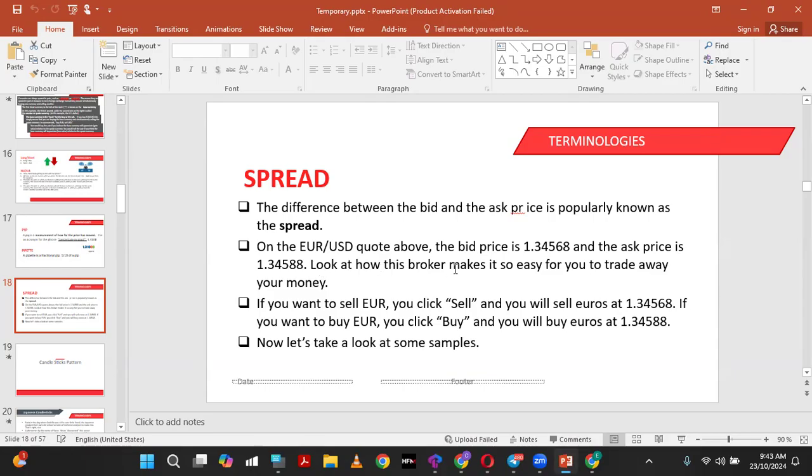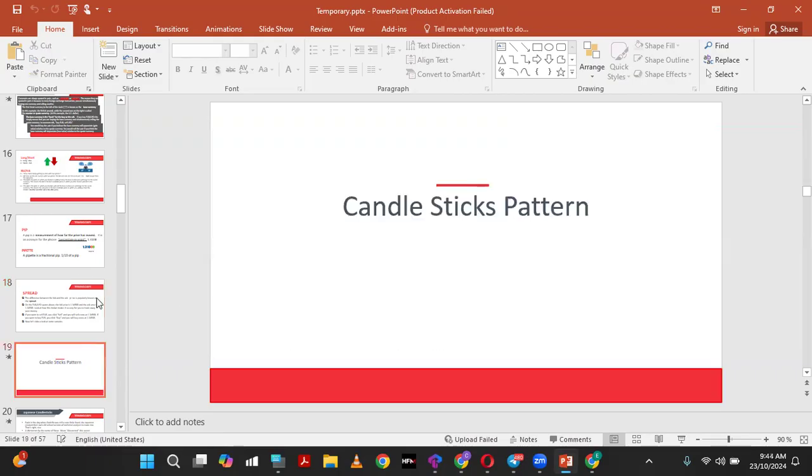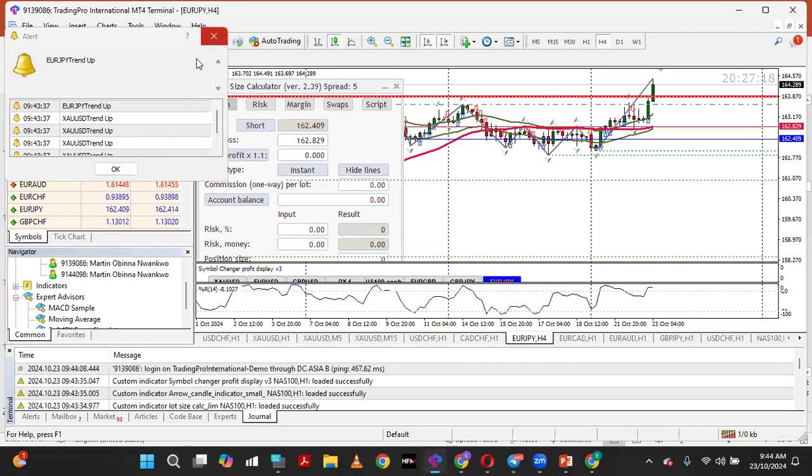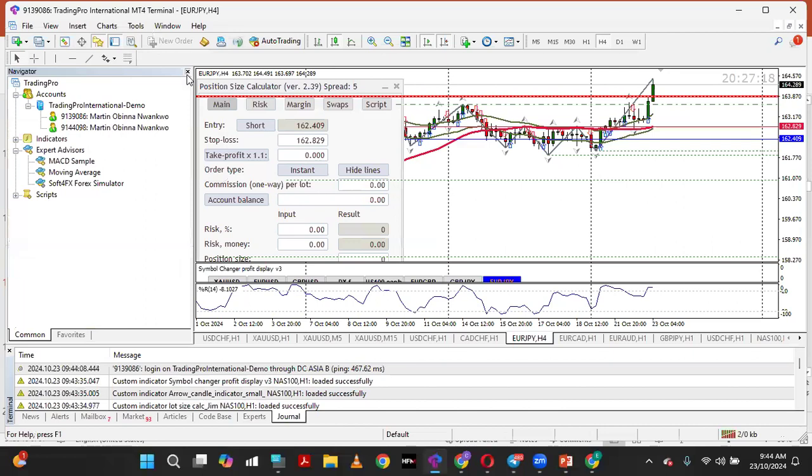So if you want to sell EUR/USD, you click sell, and you will sell at 1.3456. If you want to buy Euro, you click buy, and you will buy at 1.3458. So let's look at other examples. Let me go to the platform and give you a physical example of it.